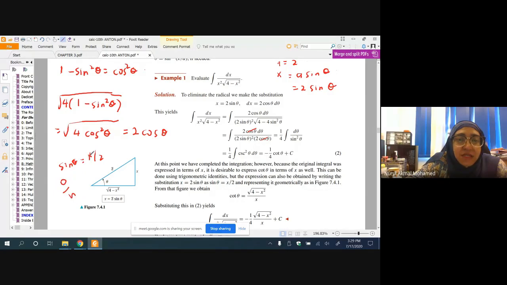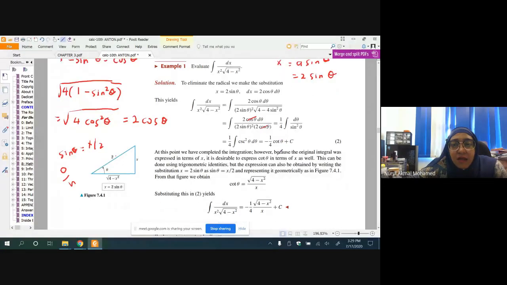So your opposite is x and your hypotenuse is equal to 2. If you have the hypotenuse and opposite, obviously you can get the adjacent using the Pythagoras theorem, and this is what you get. Now cot theta. Cot is 1 over tangent.